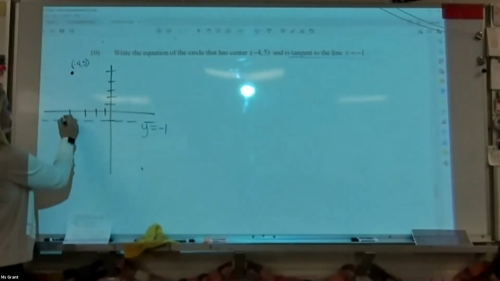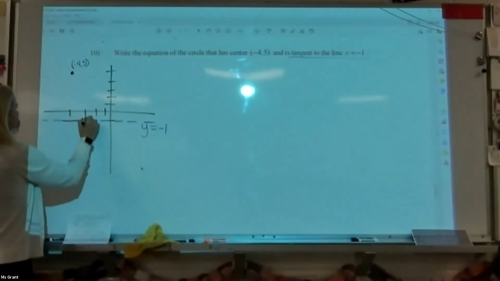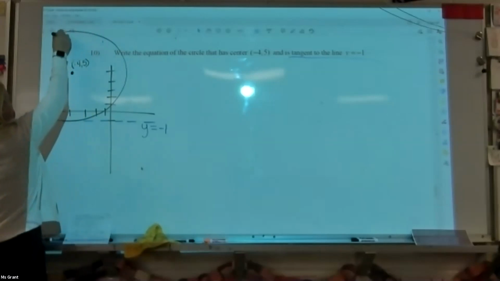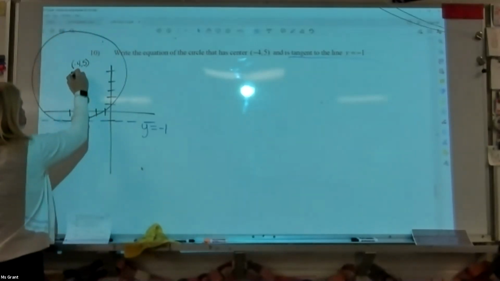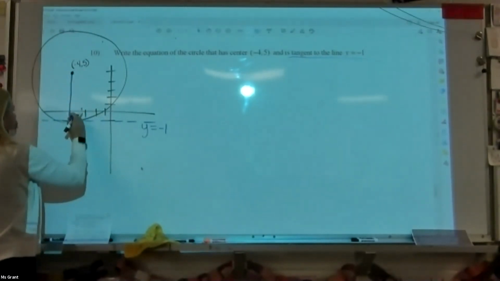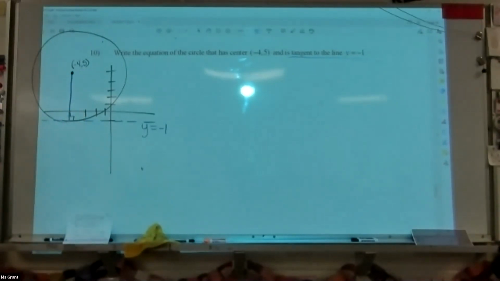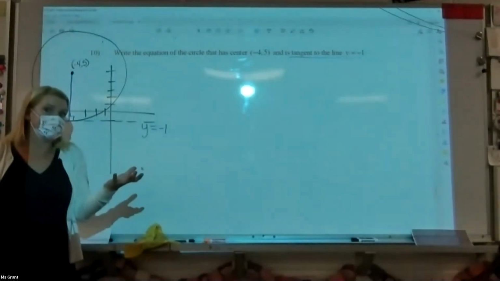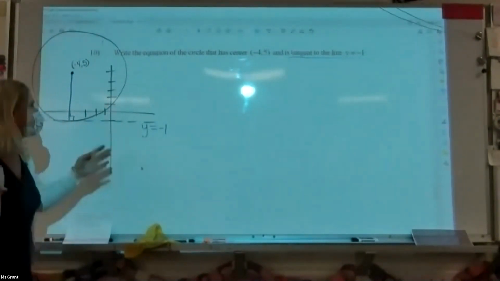So my circle is going to actually hit and be quite big, right? So my radius, center to the tangent line. You know how they form a perpendicular? Tangent line and the radius? So what I just drew is I drew some lines, and I'm able to now find out how long my radius is. How long is my radius? What do I do?